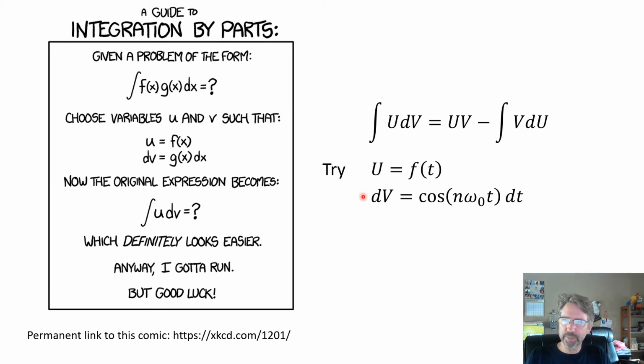Integration by parts is usually the easiest way to solve these integrals by hand. If you remember integration by parts, the integral of u dv is uv minus the integral of v du. Usually you choose u to be the function of time and dv to be the sine or cosine function.